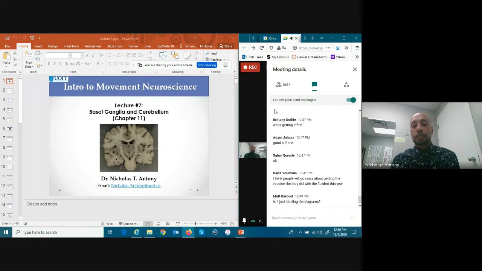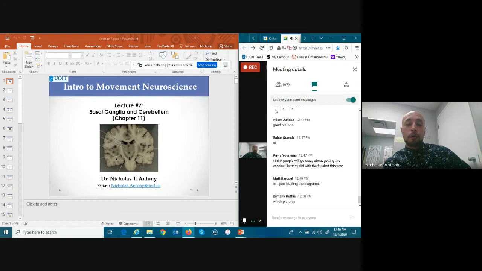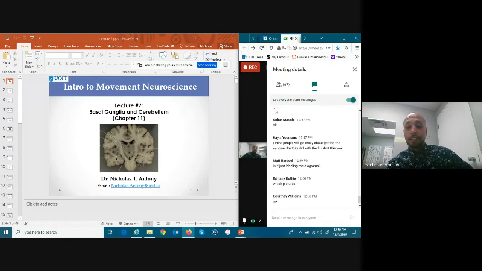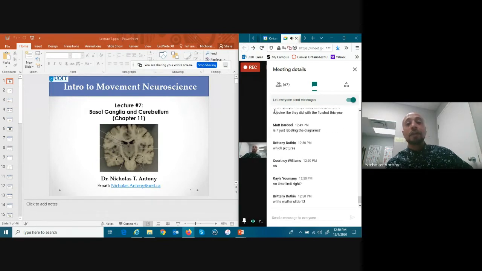The diagram question would be the same thing as before, like on the first midterm, where it's a picture and you have to label A, B, C, and D. 2 pictures. Any questions about that, everyone? I gave good hints. So the same hints are still in effect.